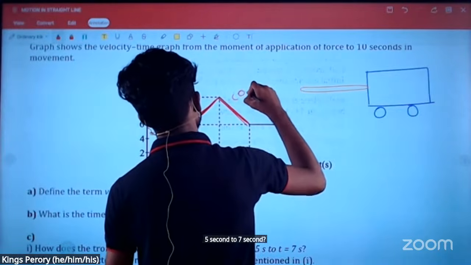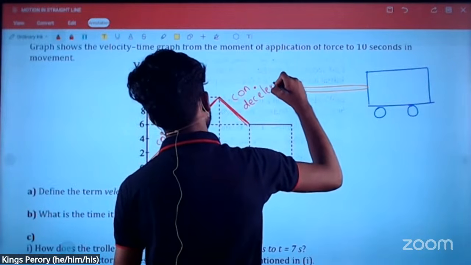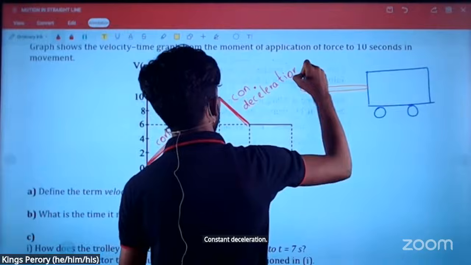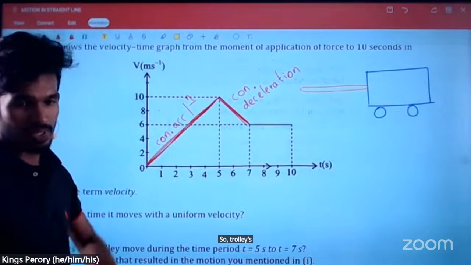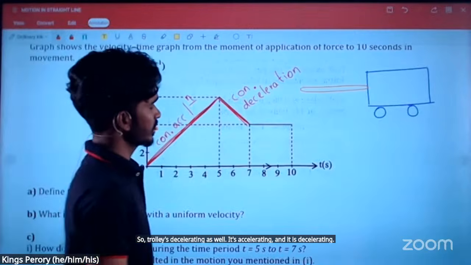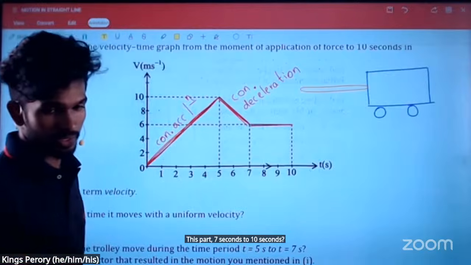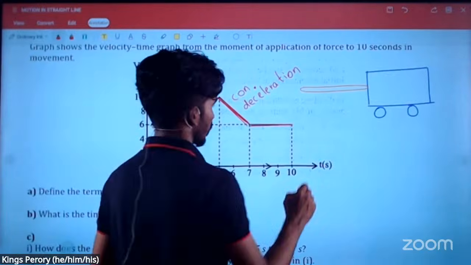Constant deceleration. So the trolley is decelerating as well. It's accelerating and it is decelerating. This part, 7 seconds to 10 seconds, is constant velocity.